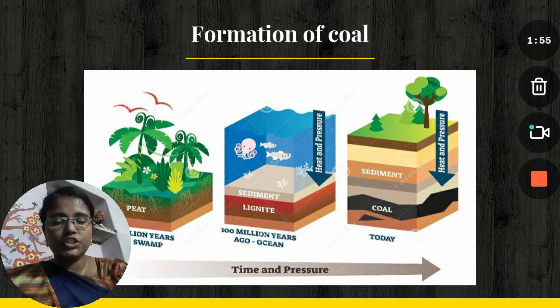Plant matter in mires and wetlands such as ferns, shrubs, vines, trees, and algae dies and accumulates on the surface. Initially, the organic matter is decomposed by bacteria, yielding carbon dioxide and methane.